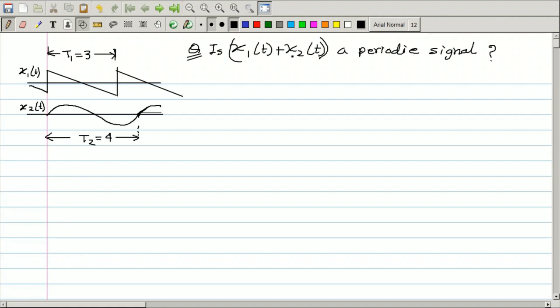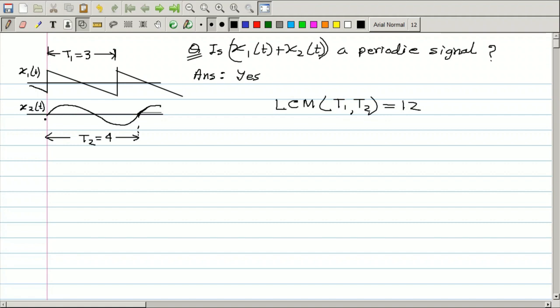The answer to the first question is, of course, yes, because x1 repeats itself after every 3 seconds, x2 repeats itself after every 4 seconds. Therefore, if you consider the LCM of T1 and T2, that means least common multiple of 3 and 4, that is 12, then after 12 seconds, both x1 and x2 will come back to their initial positions again.